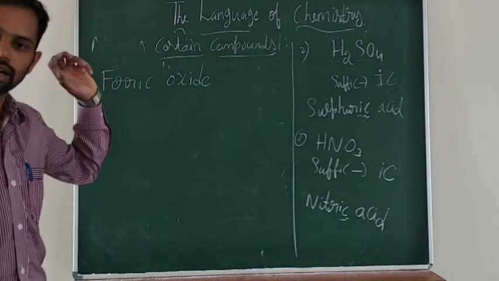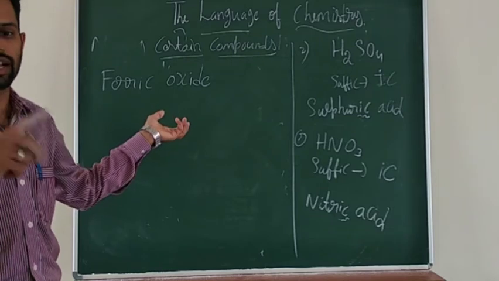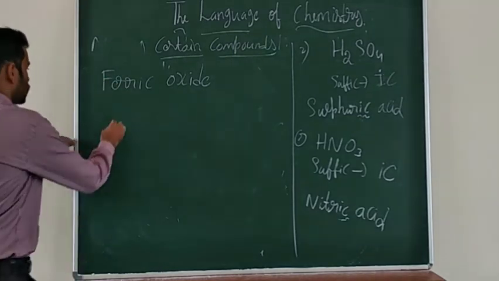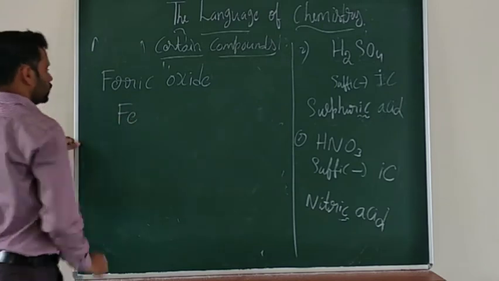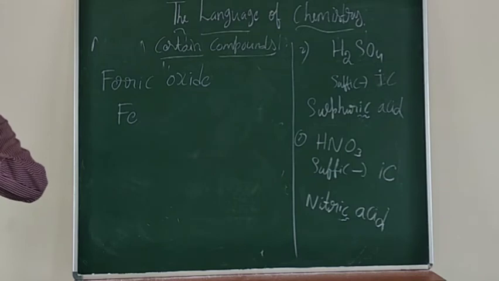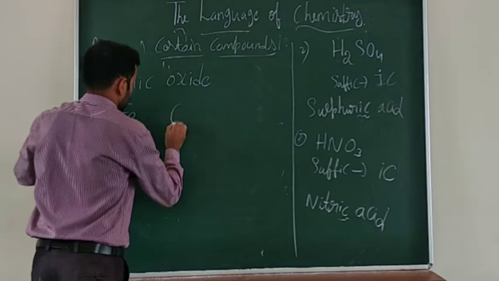It is iron. Iron has variable valency, ferric and ferrous, but the symbol is the same, Fe only. Ferric valency is 3. Ferrous valency is 2. Then write the symbol of oxygen.